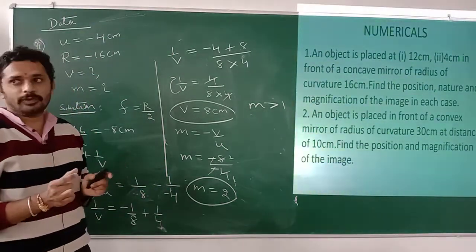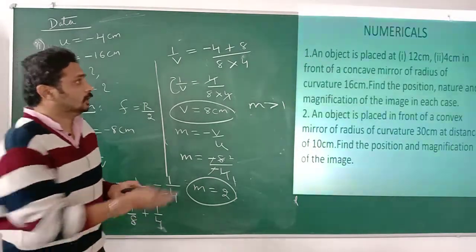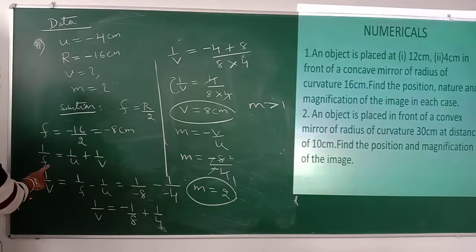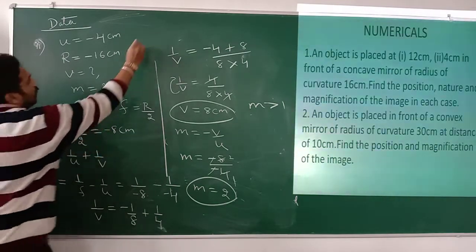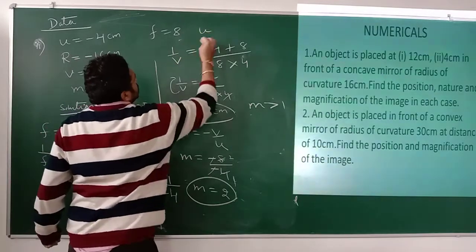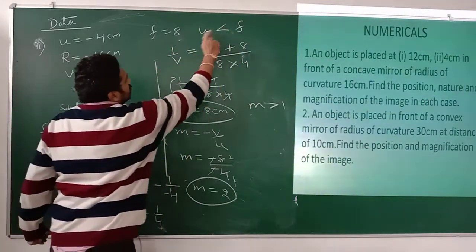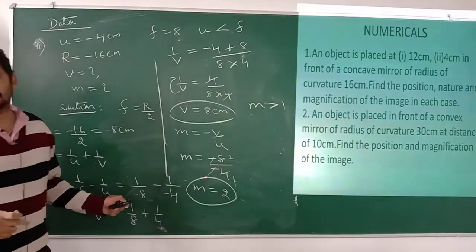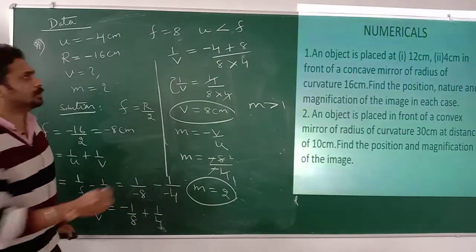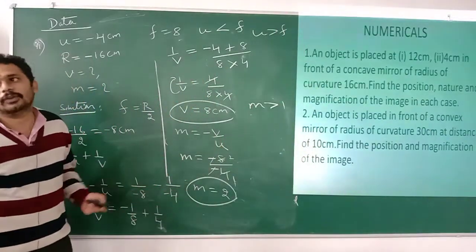So, how to identify when is virtual image or when real image? See the focal length. What is the focal length? Here focal length is 8 centimeter. Here the object distance is less than focal length. When the object distance is less than focal length, we got virtual and enlarged image. When the object distance is greater than focal length, real and inverted image.